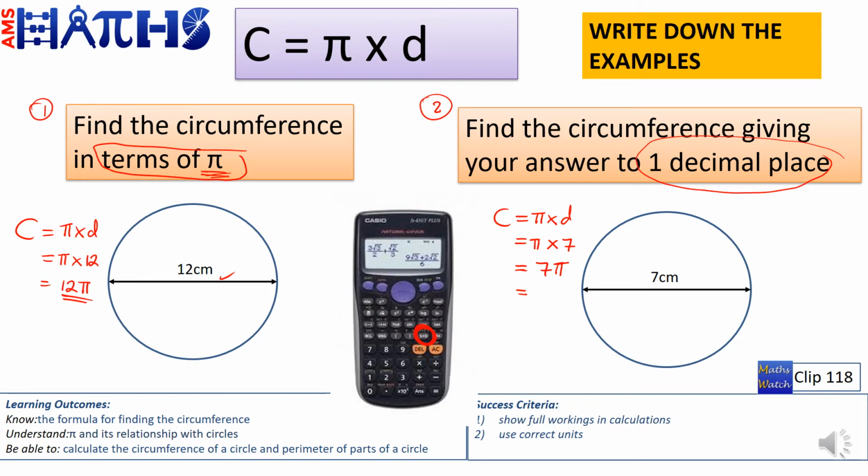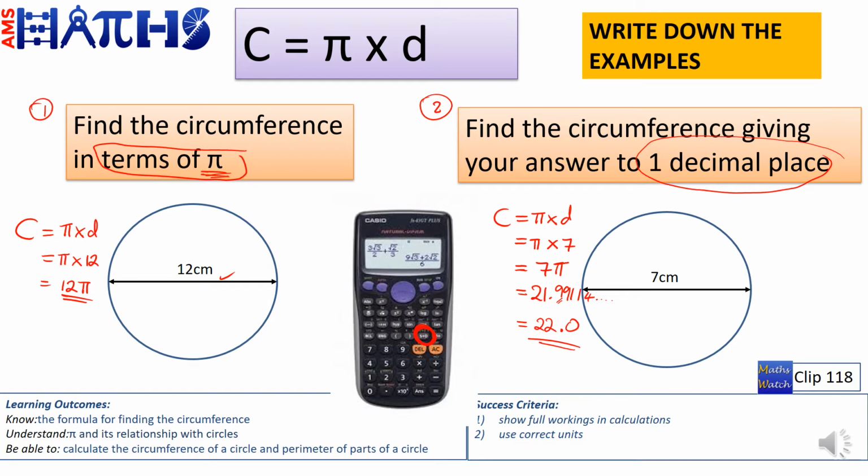When I put that in the calculator, I get 21.99114, and it keeps on going a little bit more, and the question says 1 dp, so I'm just gonna round that number off to 1 dp, and I'll get 22.0. Okay, so that would be our circumference.